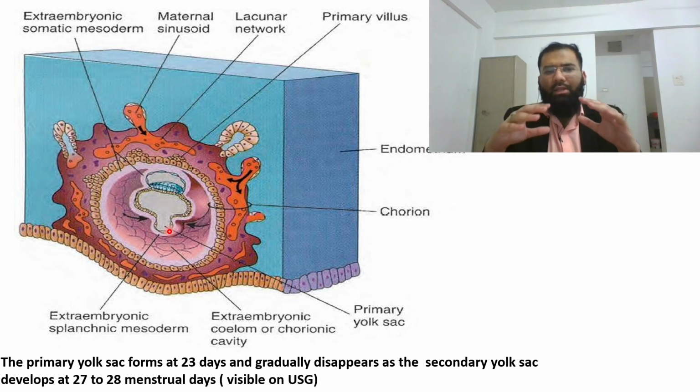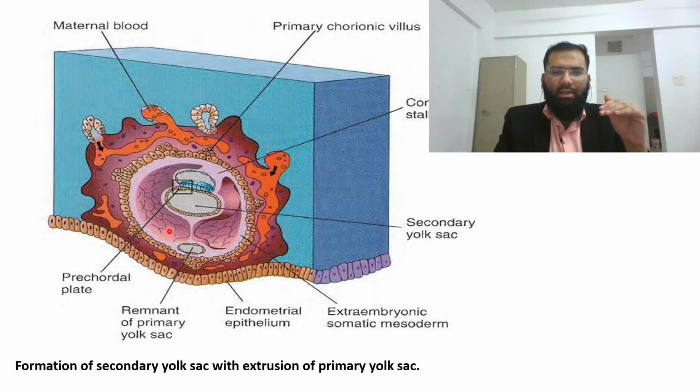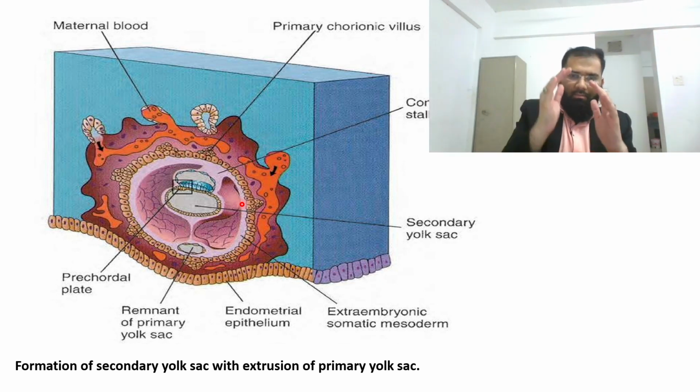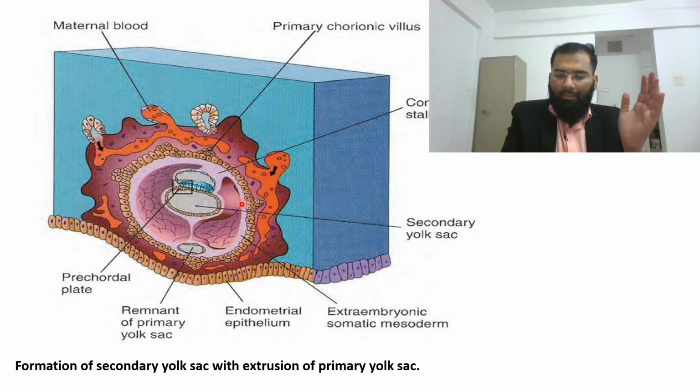Initially there is a primary yolk sac, which is lined by cuboidal epithelium, and then it gets converted into a secondary yolk sac, which is a bit smaller in size compared to the primary yolk sac. Development of the gut, that is the entire GI system, occurs outside, and the yolk sac is connected to the fetus by a duct which is called the vitello-intestinal duct.